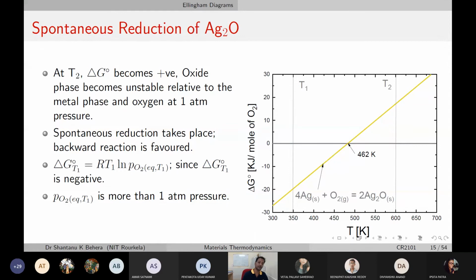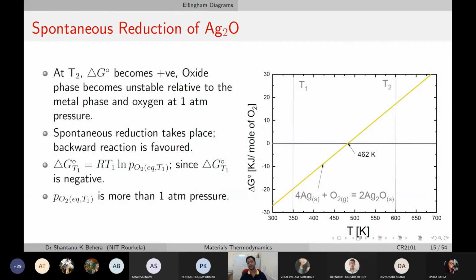Turns out the things are going to be completely reversed. When we talk about T2, at this temperature slice, if you look at the nature of this curve, this corresponds to a positive del G value. A positive del G value means it will be a backward reaction.